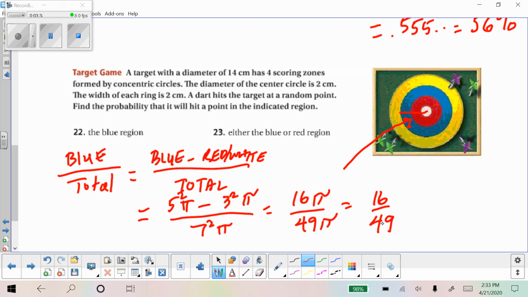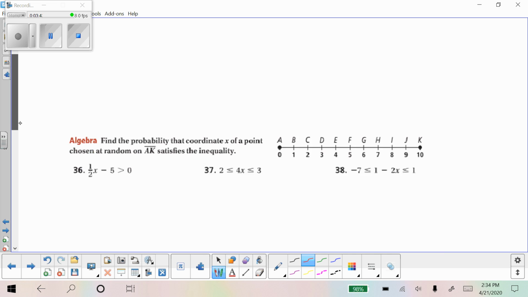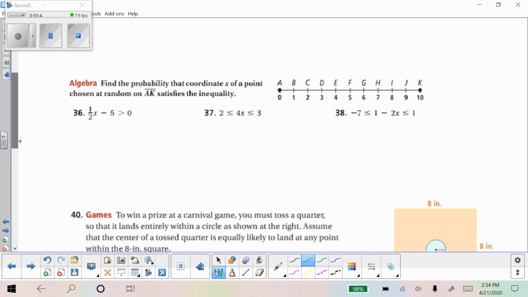All right, let's move on to number 38 here. We want to know the probability that the x coordinate of a point chosen at random on the entire number line, which is 10 units long, satisfies this inequality. So we're going to solve that inequality. I said that wrong. We want to subtract 1 from everything.